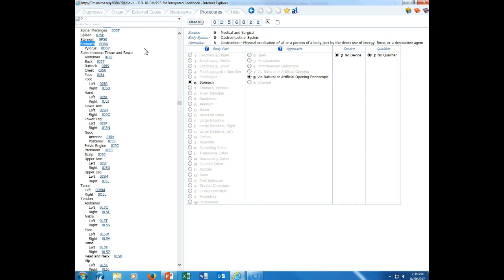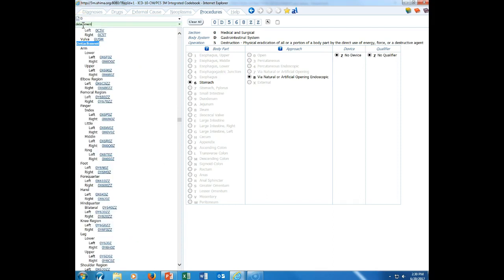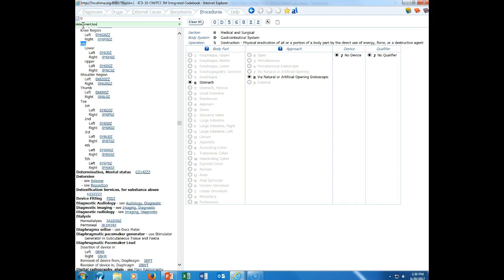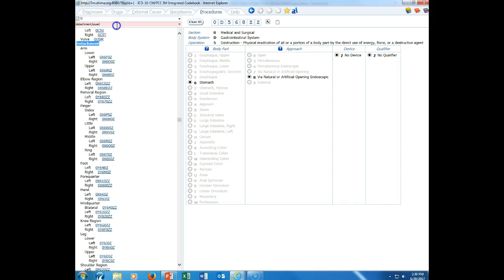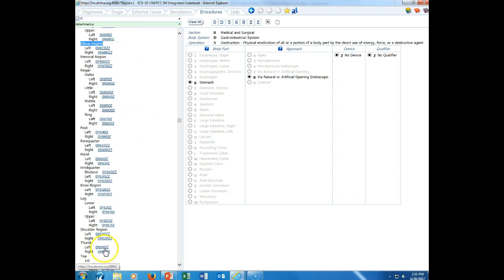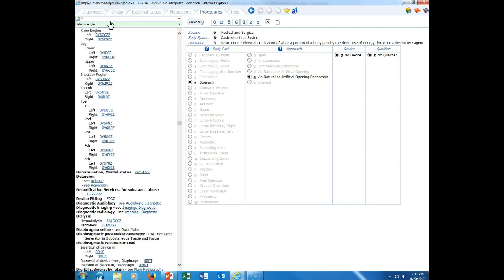And so when we look at this right above knee amputation at the distal shaft, we know that detachment is our root operation, and it is a, well, I didn't type it right, I guess. It's leg, it's not lower extremity.